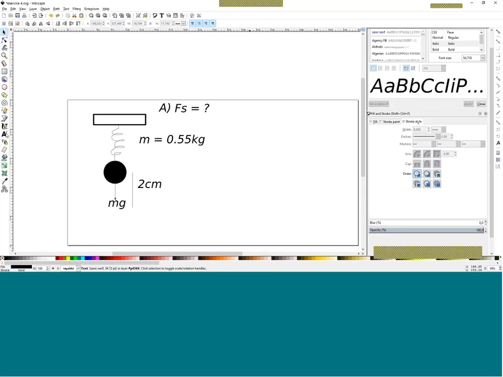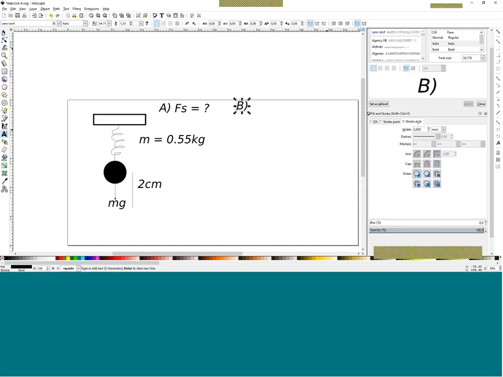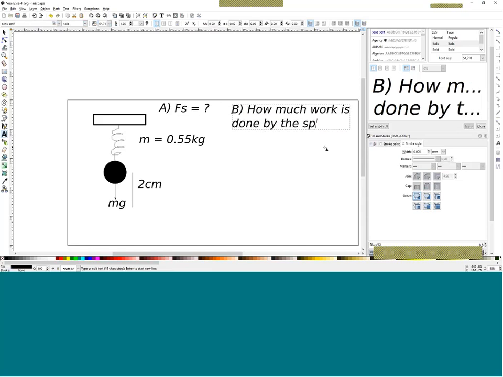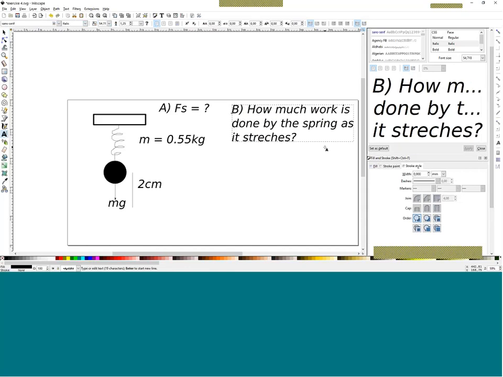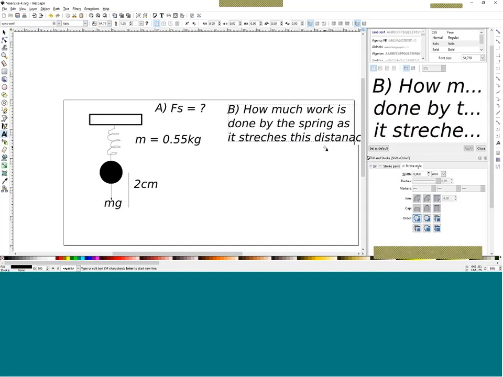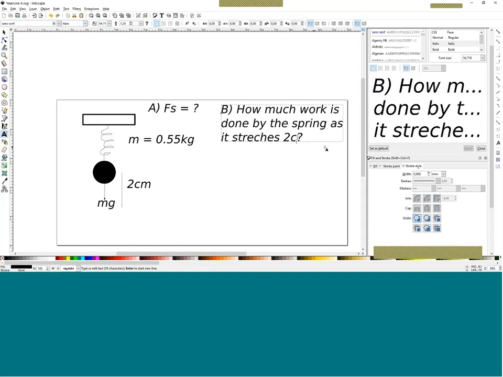So A is for Fs, and then problem B. So is that clear? The questions to the problem?